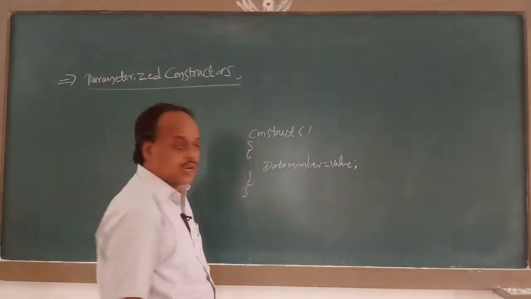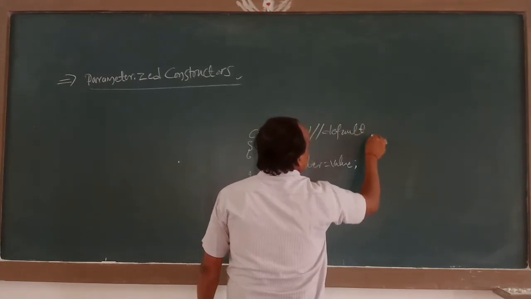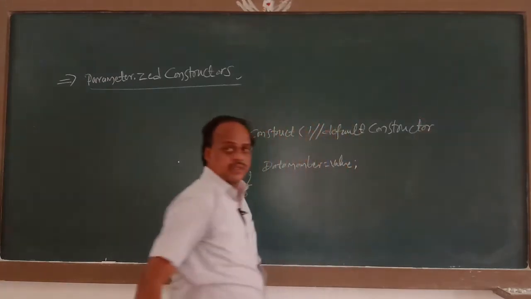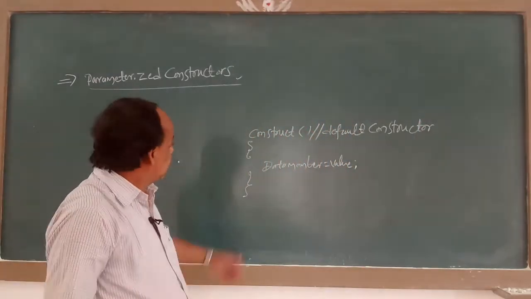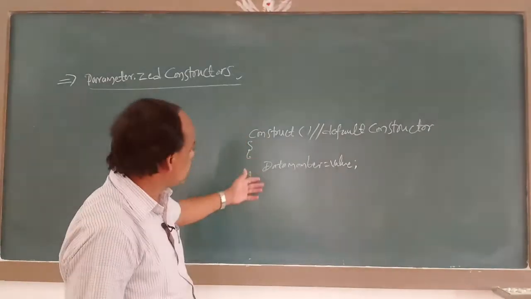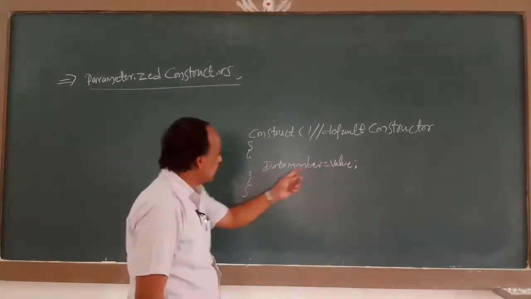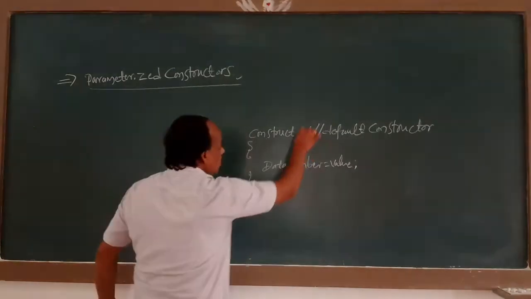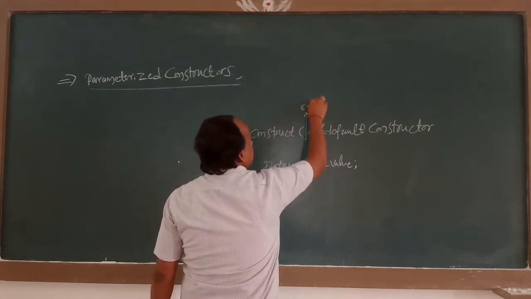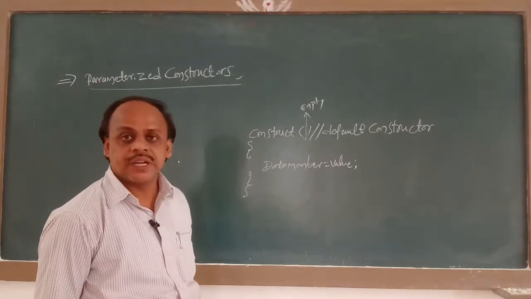This is the declaration of the default constructor. It is a constructor used to assign values to the data members of a class with no argument. The parameter list is empty. Empty means with no arguments, and that is called a default constructor.